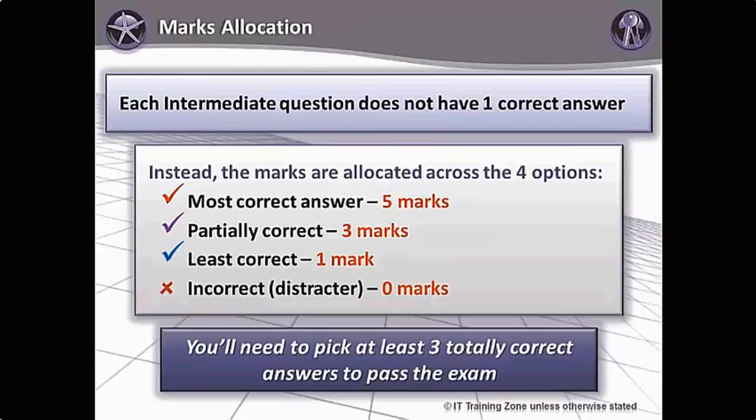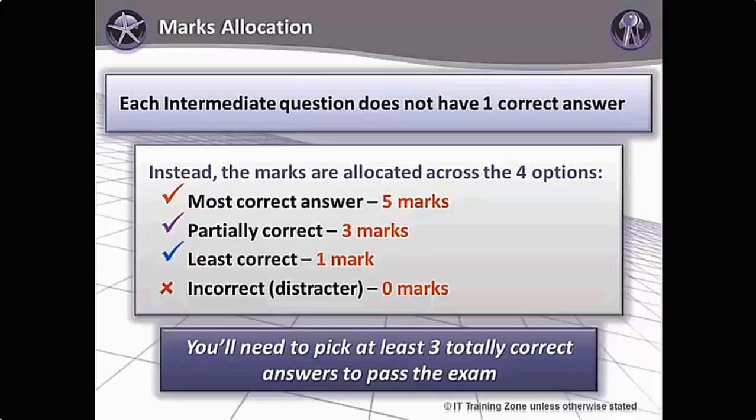The questions on your intermediate exam will not be in the same format as your ITIL Foundation exam. Each question will not have 1 correct answer and 3 incorrect answers. Instead, from the 4 options available, the marks will break down as shown on screen. The most correct answer will give you 5 marks.